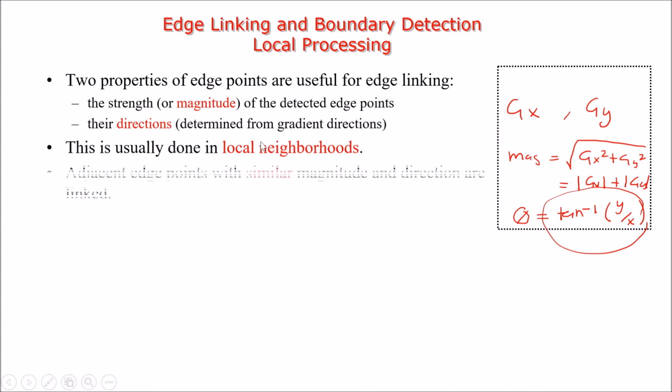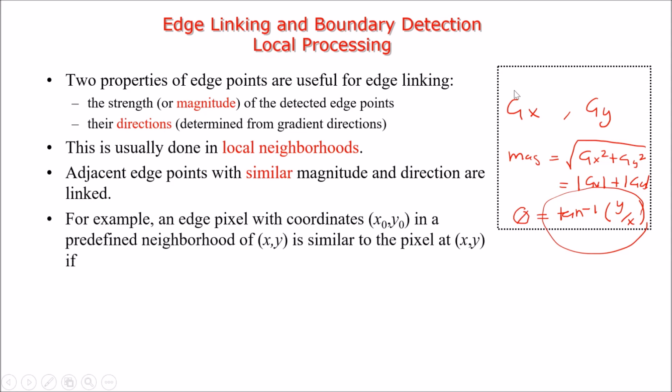We can utilize this information in order to determine in which of the edges we have the similar magnitude and direction so that they can be linked together. For instance, let's say I pick some point in here, there is some tendency that the direction calculated will be in the same direction.